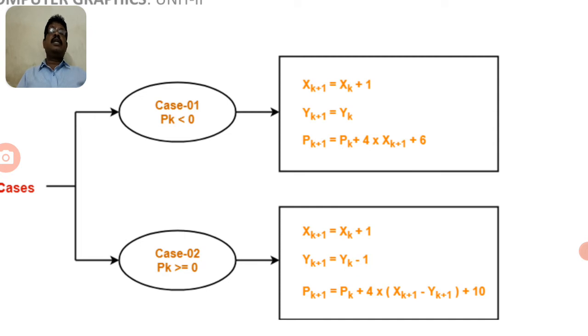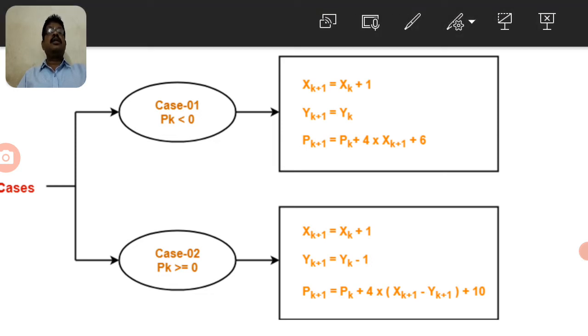Then we can find the next parameter value, that is pk plus 1 equals pk plus 4 into xk plus 1 minus yk plus 1 plus 10. So you can verify this equation in the given identification.